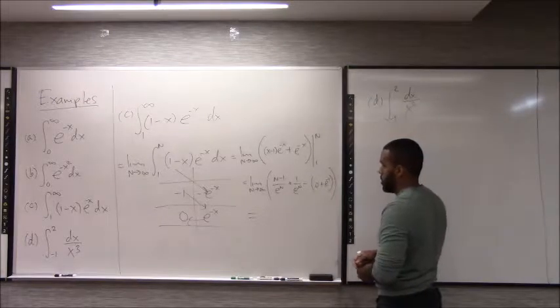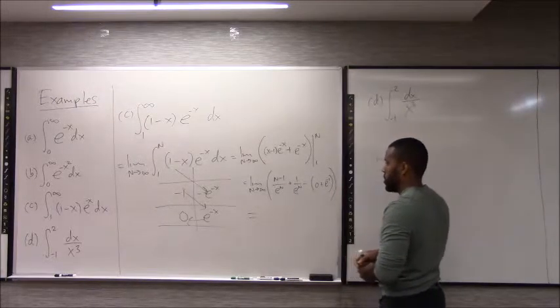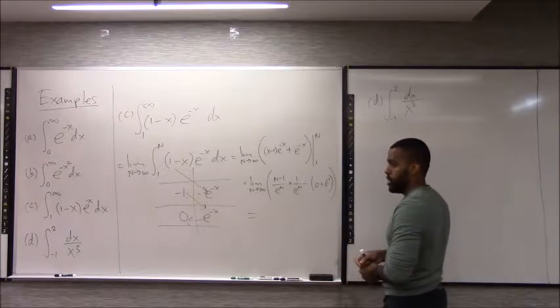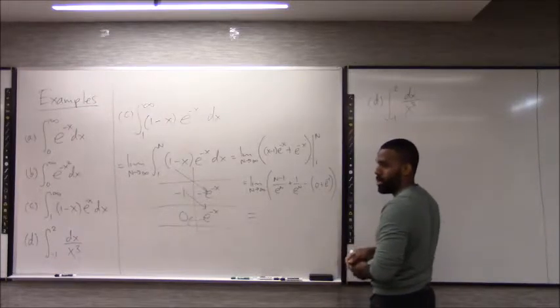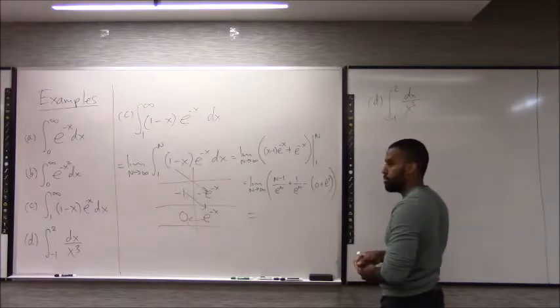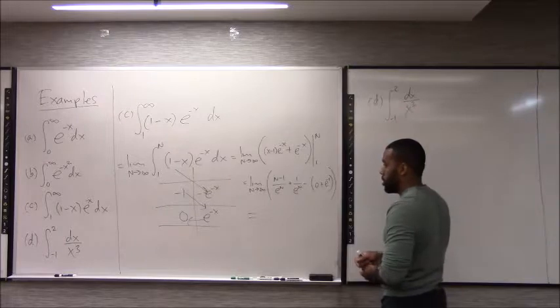Infinity over infinity, so... Yeah, but what's infinity over infinity? Indeterminate. It's indeterminate, which means you can't just say what the answer is. You can't really say it diverges. How do you actually compute it? L'Hopital's. You can use L'Hopital's.